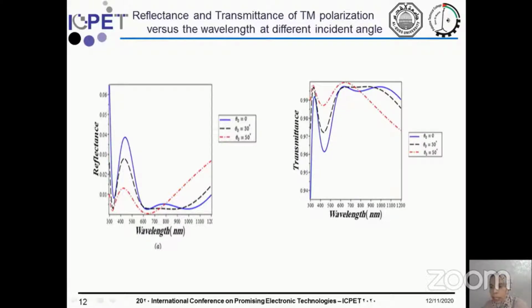The maximum transmittance and minimum reflectance achieved at incident angle 13, as we see in figures.